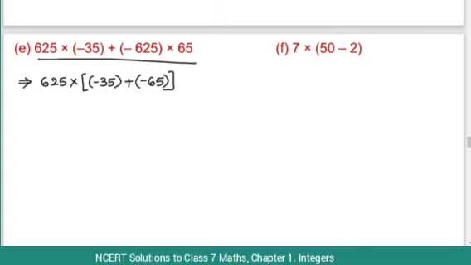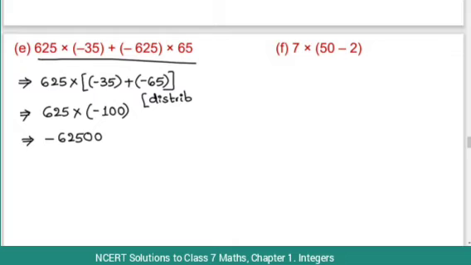So add these two numbers in the next step. 625 into minus 35 minus 65 becomes minus 100. Now 625 into 100 is minus 62,500. 62,500 is the answer. Here we have used the distributive property. So mention the property here.